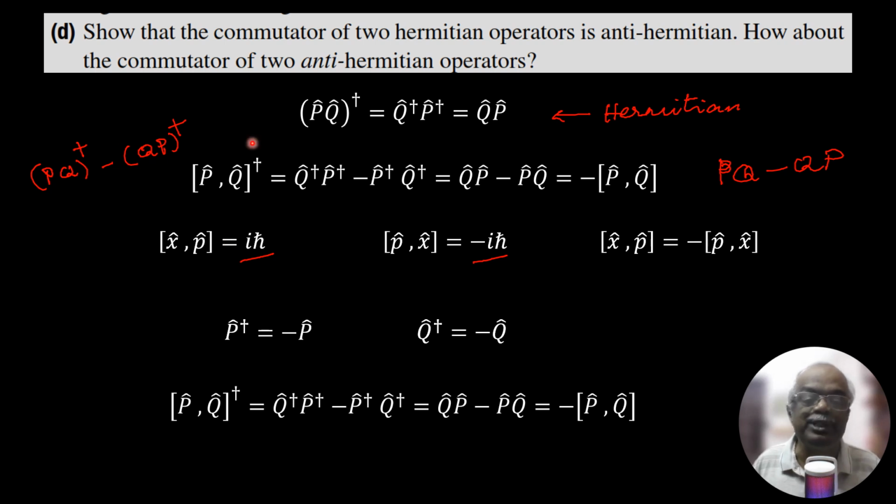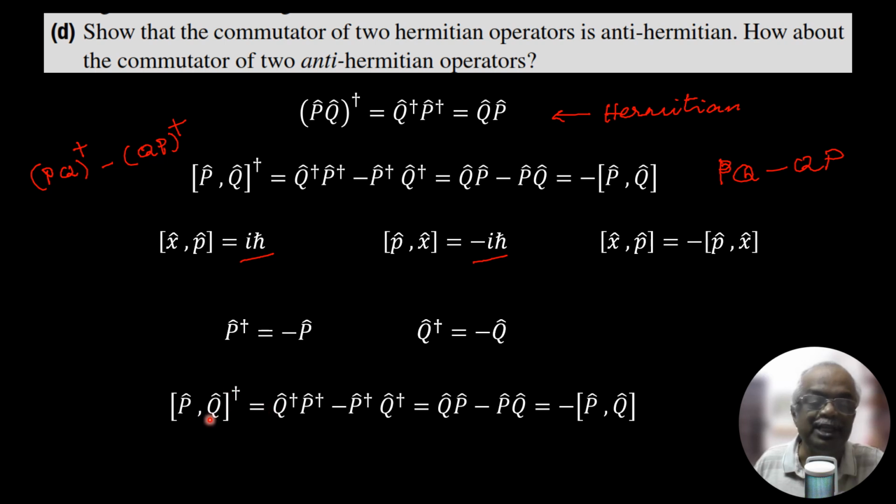Similarly, what about anti-Hermitian operators? Anti-Hermitian operator means P† is equal to minus P, not P. Similarly, Q† is minus Q, not Q. So what about the commutation of P with Q, whole dagger?